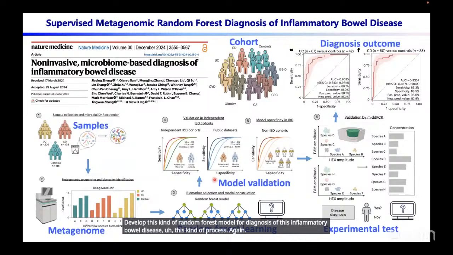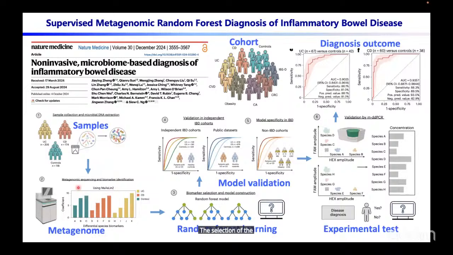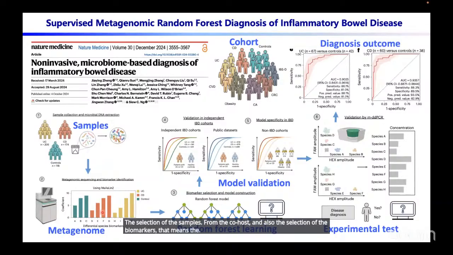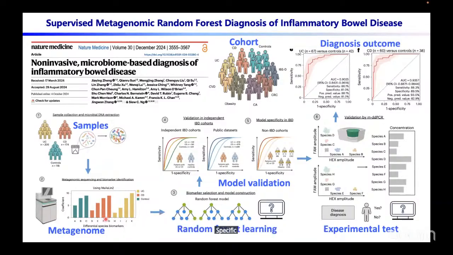Again, the important thing is the selection of the samples from the cohorts, and also the selection of the biomarkers. That means the specific species of microbes, using the abundance of the microbes as the features for developing the random forest models. So this is how they have done this.